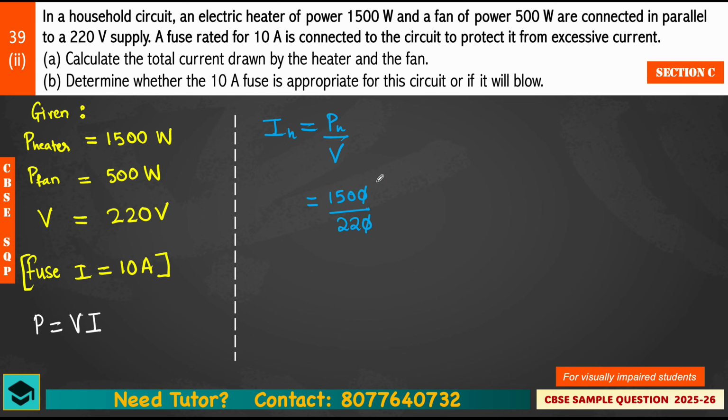So the zeros cancel out. We need to divide 150 by 22, so we get something like 6.82 in case of heater.